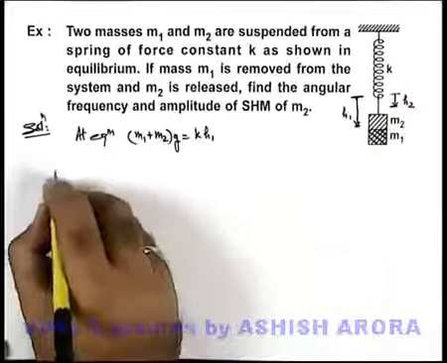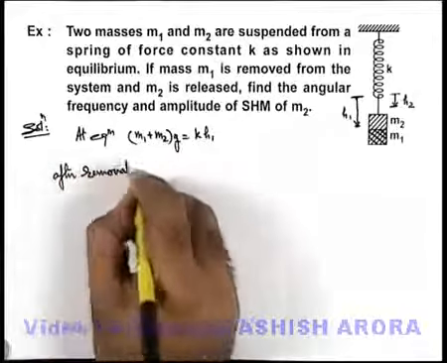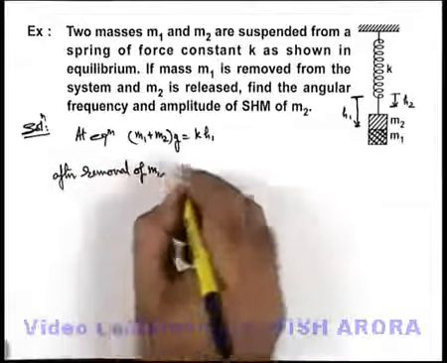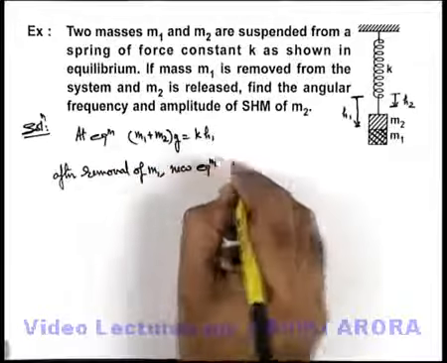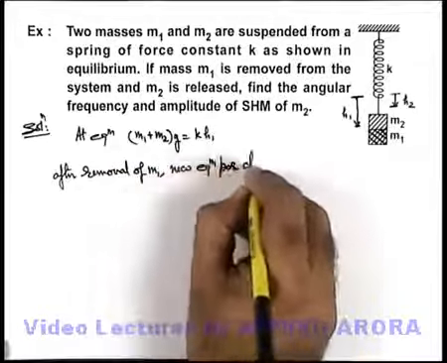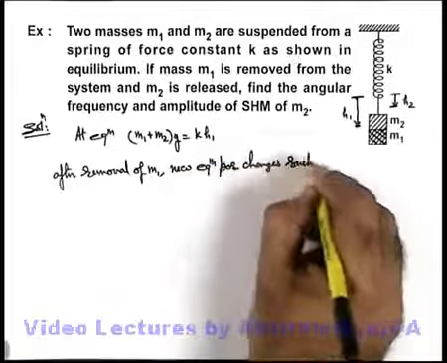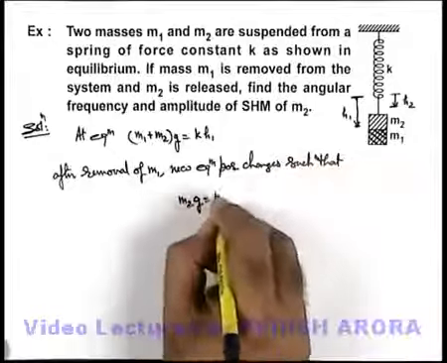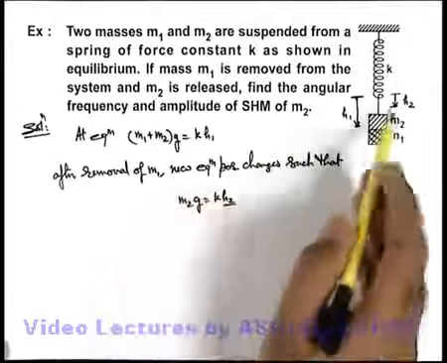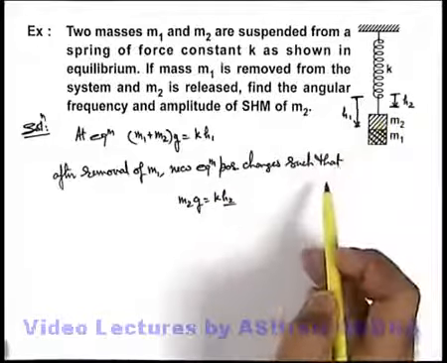So we can state, after removal of M1, the new equilibrium position changes such that now we can write M2g = kh2, where h2 is the distance of the new equilibrium position from the natural length of the spring.